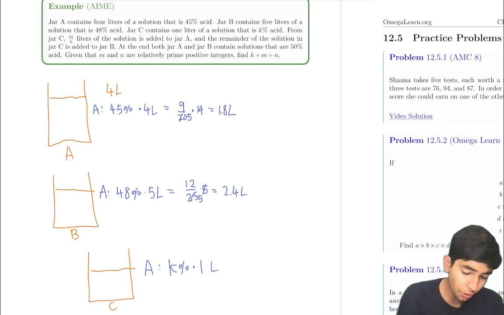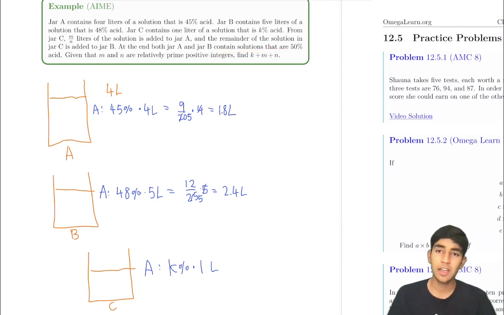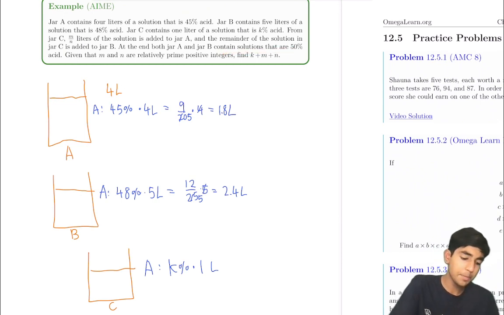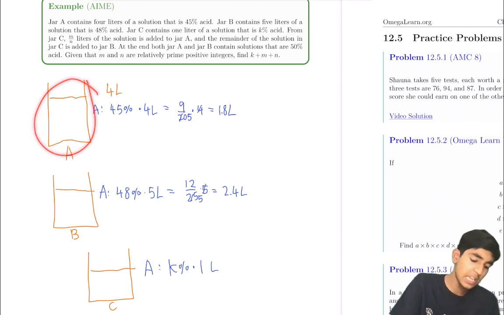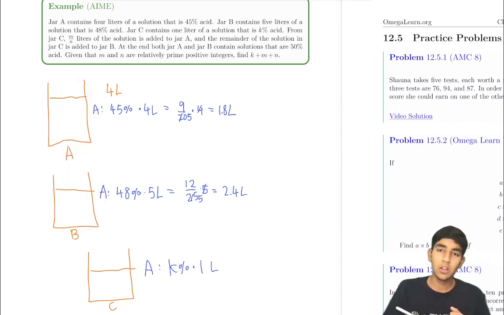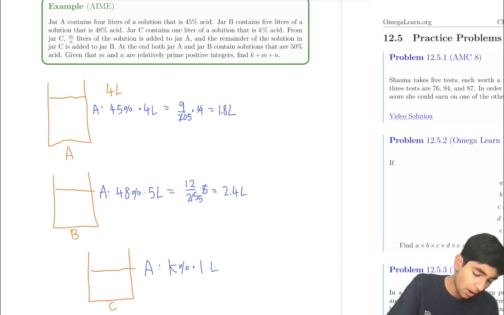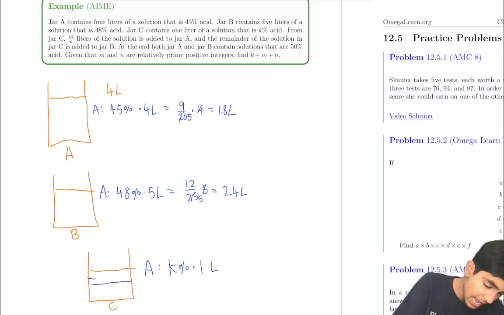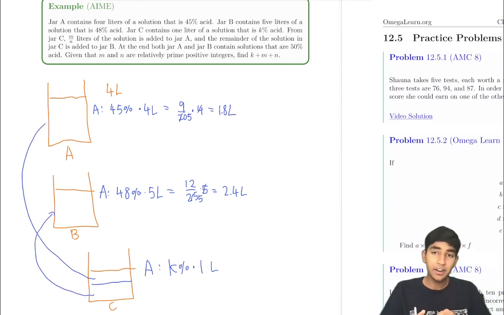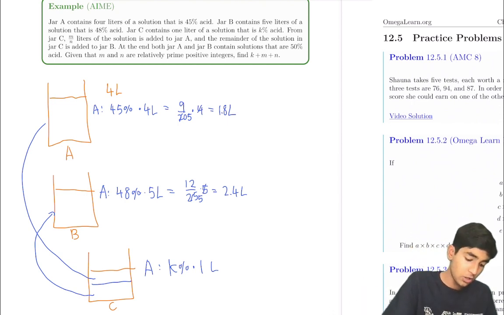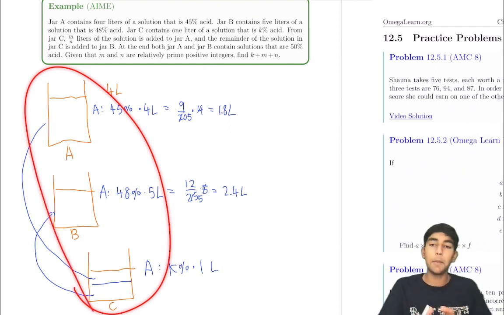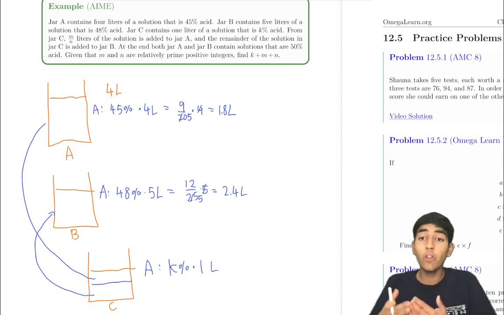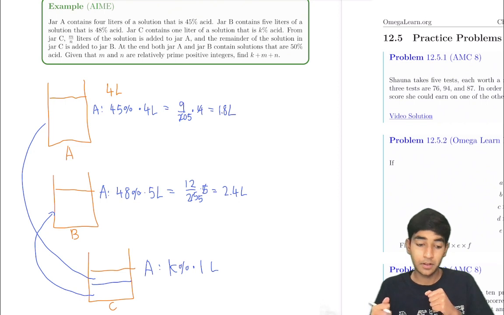The thing is, they're both 50% at the end, right? And what does that mean? A will be 50% at the end, B will be 50% at the end, after adding parts of C. You can think of dividing C into 2 parts. This is the part that will be added to A, and this is the part added to B. But the key thing here is, because we're adding all of solution C, the total amount of solution, if you look at all of A, B, and C combined, that will also have to be 50%, right?